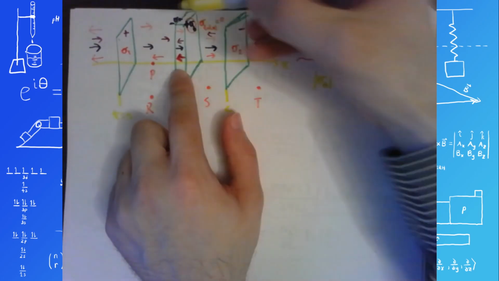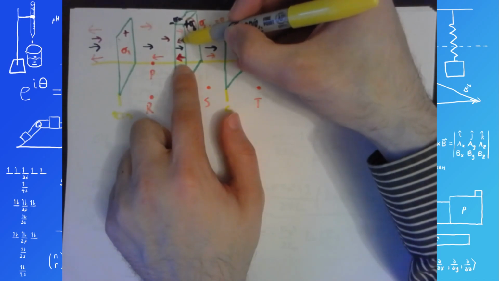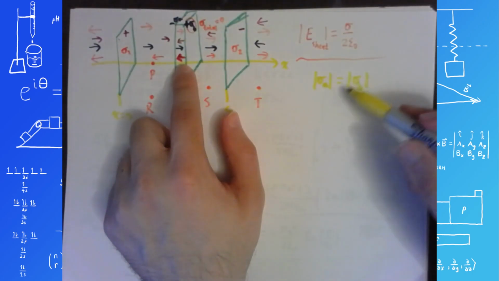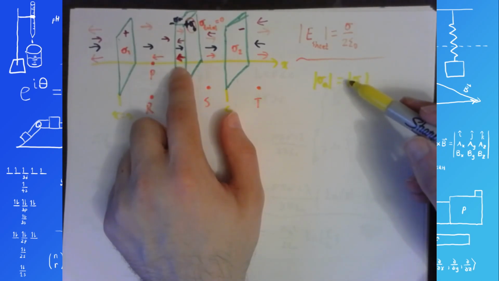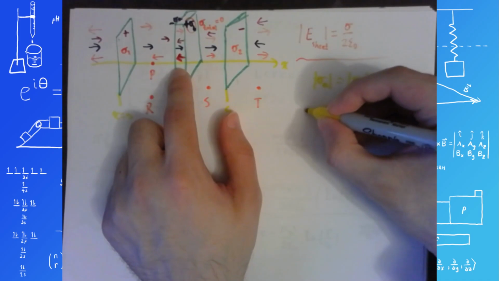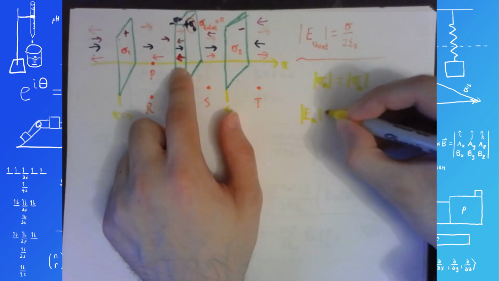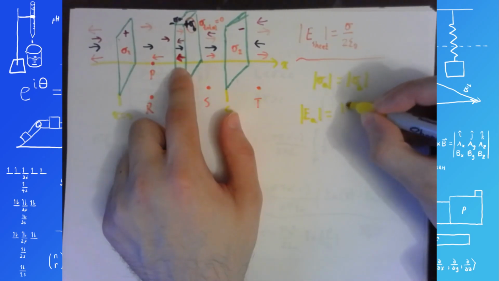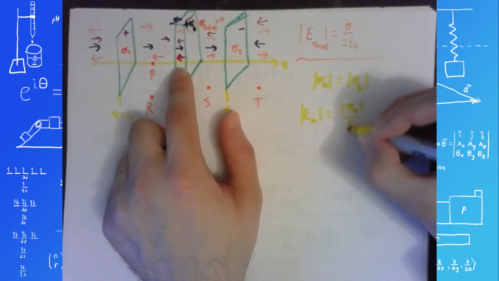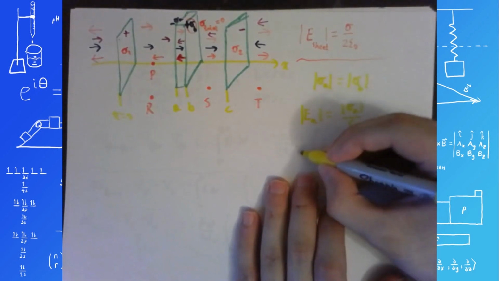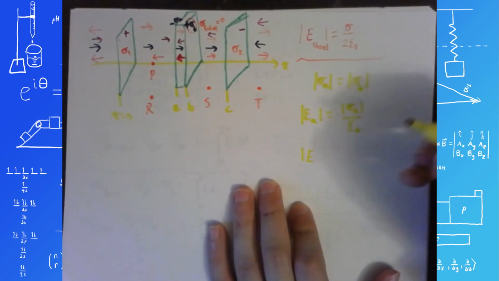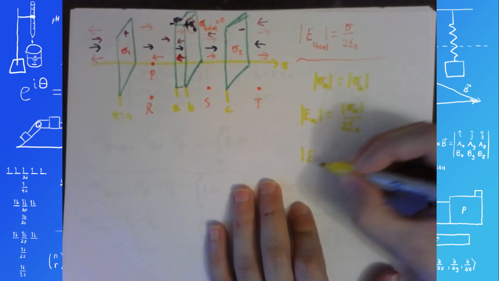Well, we're going to have two electric fields, one proportional to sigma a and one proportional to sigma b. Okay, let me do this. So EA has a magnitude of sigma A over epsilon naught, or over 2 epsilon naught, I should say.